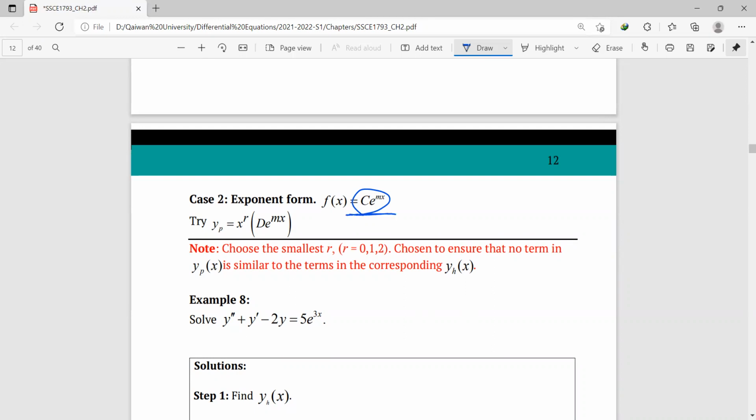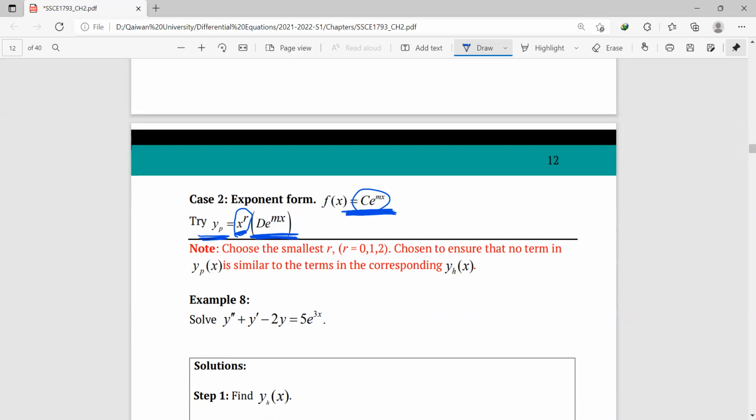Here, if the right-hand side is an exponential function, c e to the power mx, we say yp equals x to the power r d e to the power mx. Look, here we also have x to the power r. We choose r 0 first. If there is similarity between yp and the homogeneous solution, we change it to 1. If there is still similarity, we change it to 2, and so on.